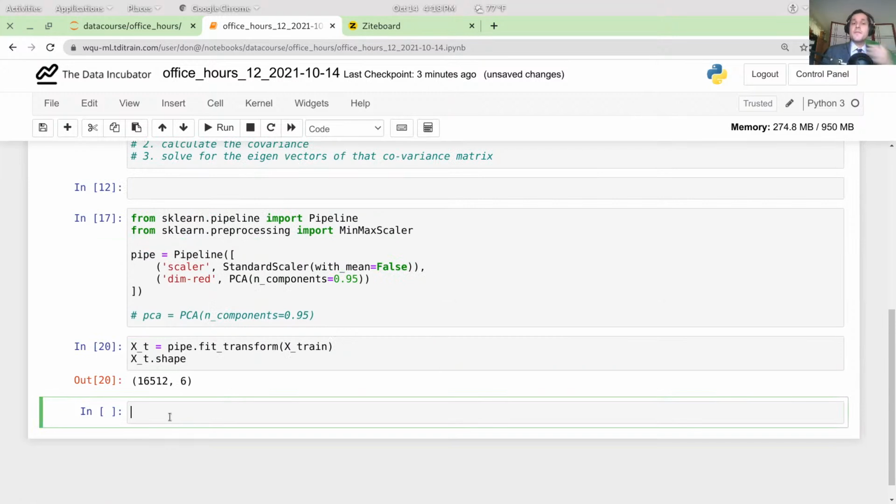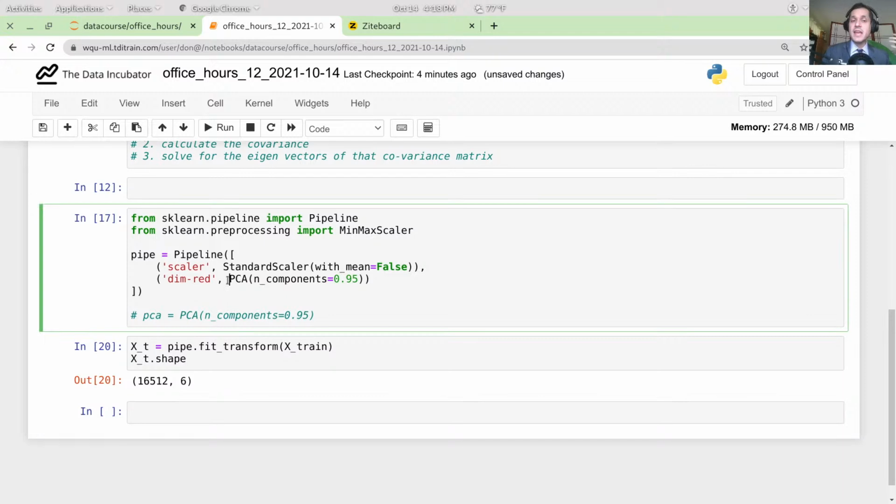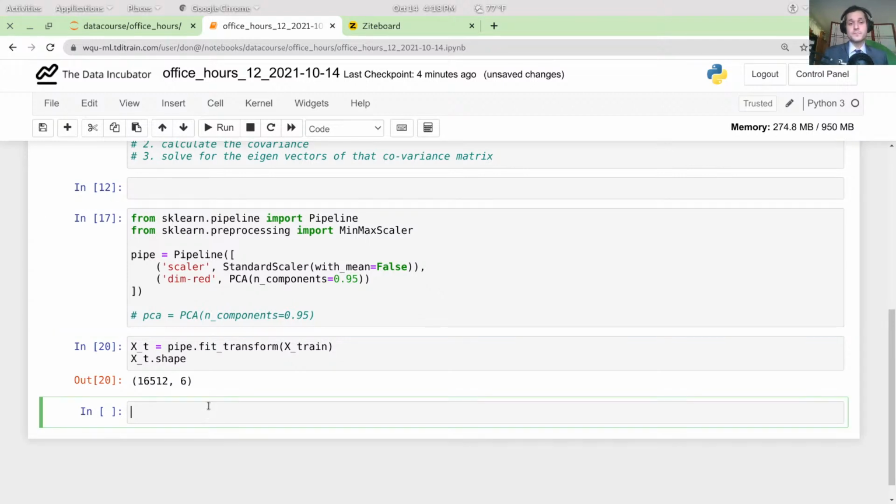Now, keep in mind that what's happening underneath the hood is that PCA accepts the data that came in, and the first thing it does internally, it centers the data. In fact, if I look at my pipeline and I say, give me step 1, let me look at some of those attributes.